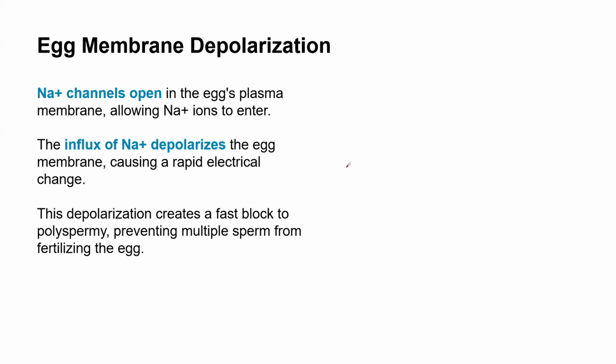So as a result of that, this depolarization will create a fast block to polyspermy, preventing multiple sperm from fertilizing the egg. So you see, once these sodium ions depolarize the membrane, it will block polyspermy.